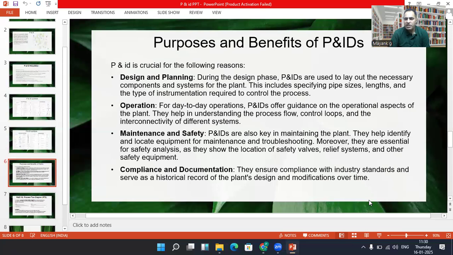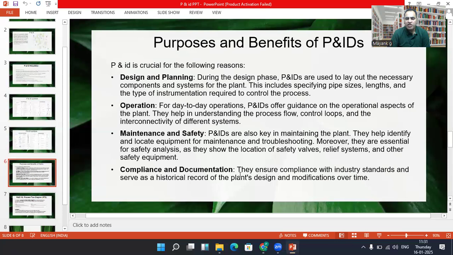You can take the reference of PNID and understand the process flow and the interconnectivity of the different systems. So this helps in troubleshooting any problem that comes in the process plant.